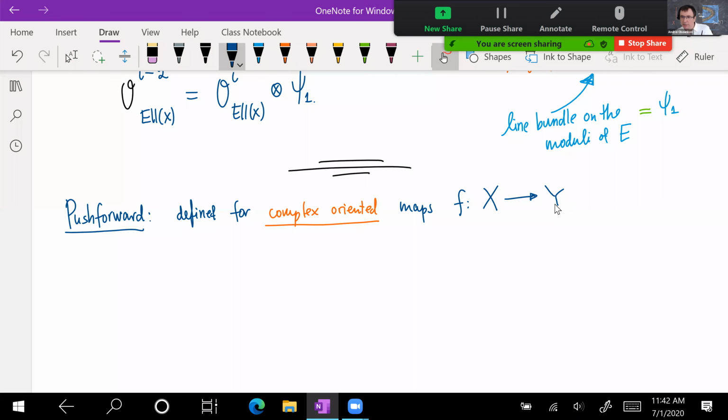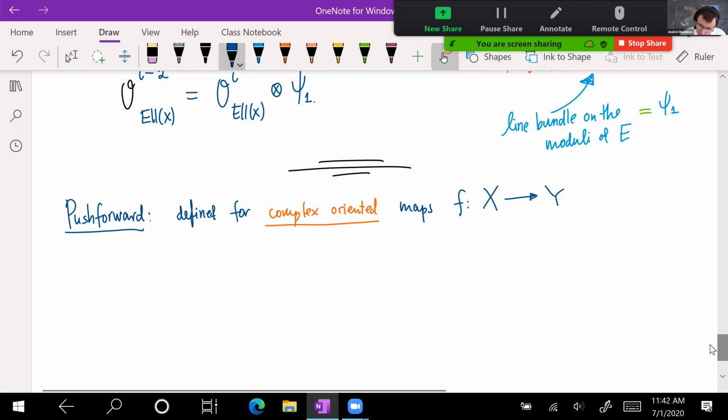And the way it's defined is going to copy what we did. Remember when we discussed push forward in algebraic geometry? Of course, you can define push forward however, but it's convenient to factor every push forward into inclusion and projection. And so this is the same.